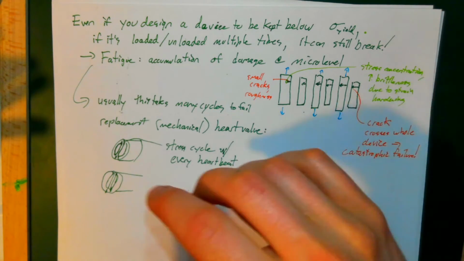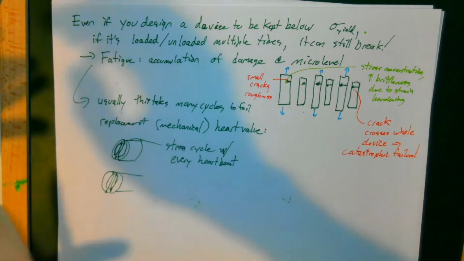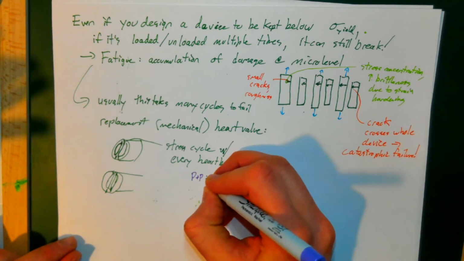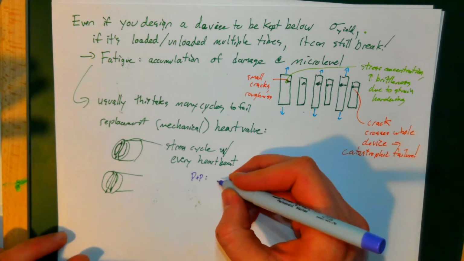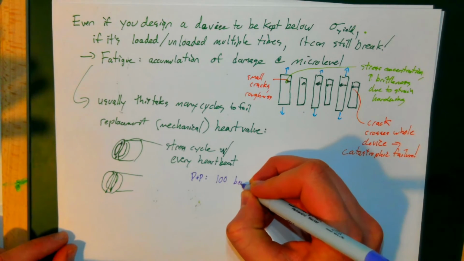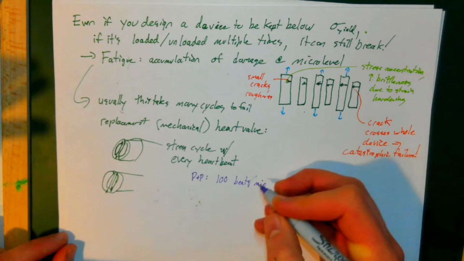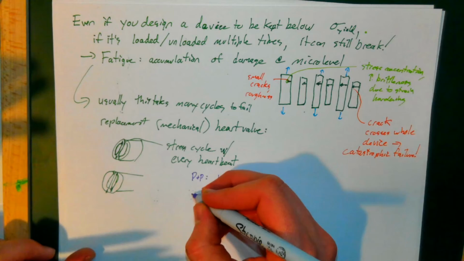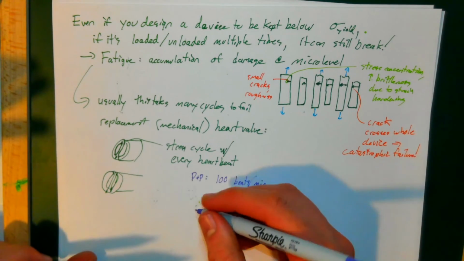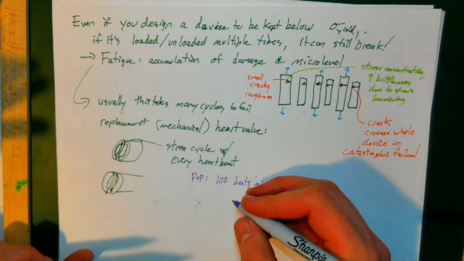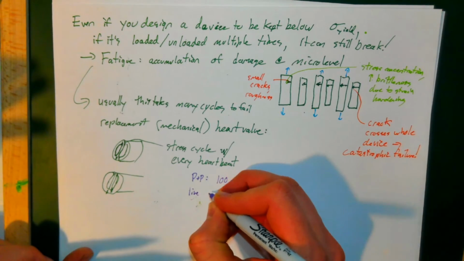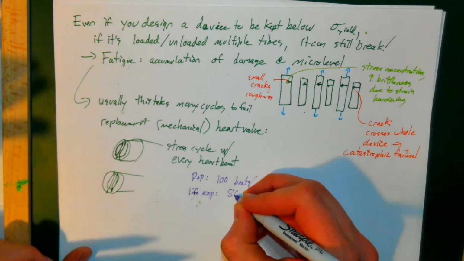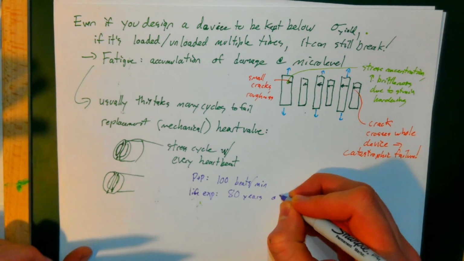So, let's make a couple of assumptions. This will be worked into a pause and ponder question. Let's say 100 beats per minute is our heart rate, and the life expectancy of the human who has this heart valve is 80 years old.